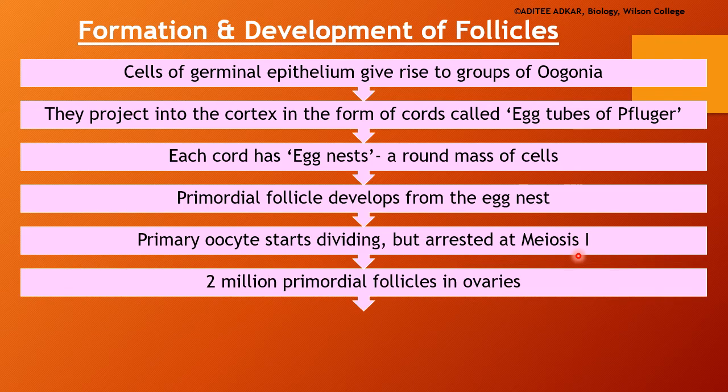Hence, the ovaries of the fetus will show 2 million primordial follicles. They will not show any later stages of follicles like primary, secondary or Graafian follicle. These stages can be observed only in the adult female ovary.